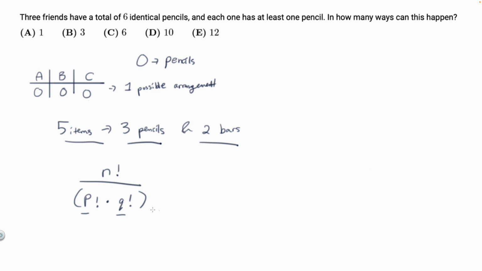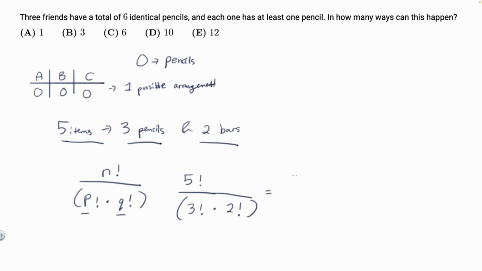So using this equation, n is going to be the 5 items we have, the total number of items we can choose to manipulate. The bottom is going to be p, the 3 pencils, multiplied by q, which is the 2 bars. So this calculates the total number of arrangements of the 3 pencils among the people.